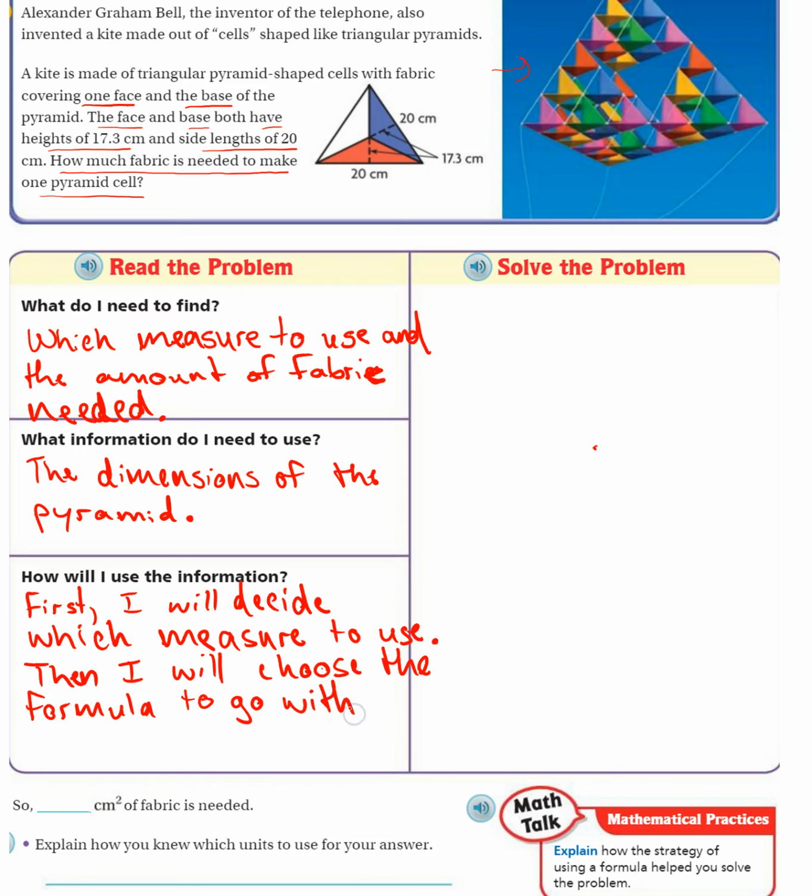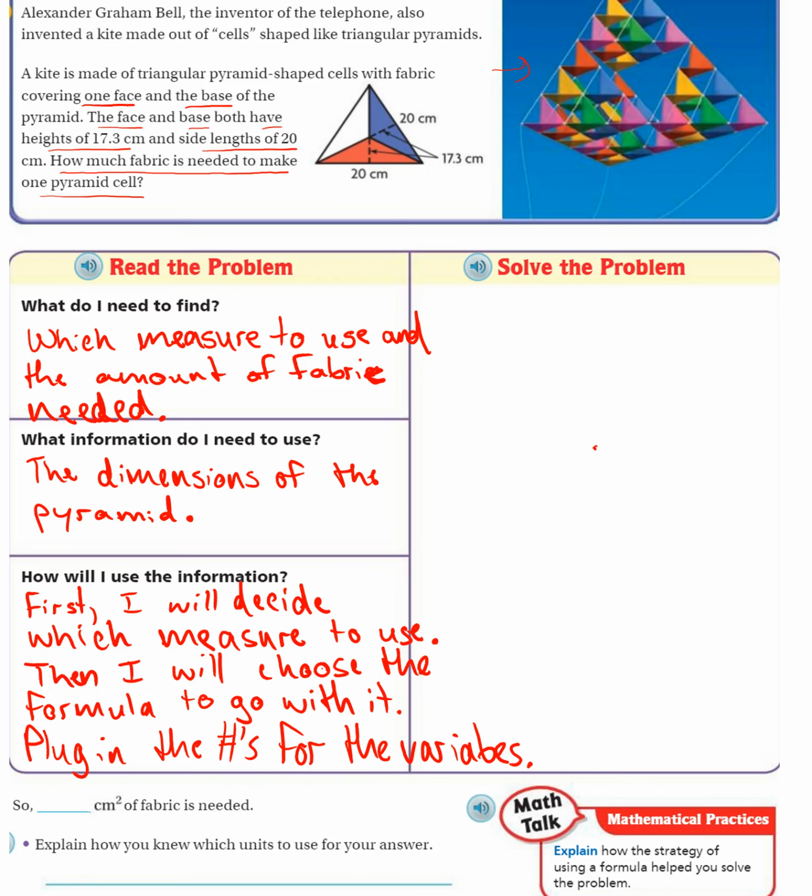So depending on what measure I use, it depends on what formula I will use. And then plug in the numbers for the variables. And then solve, of course.